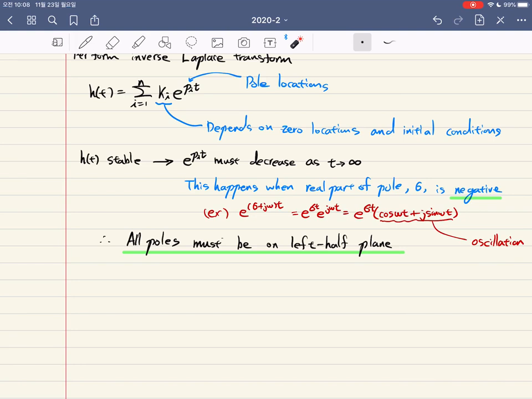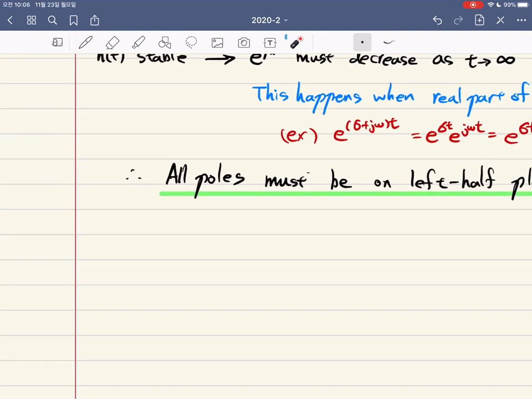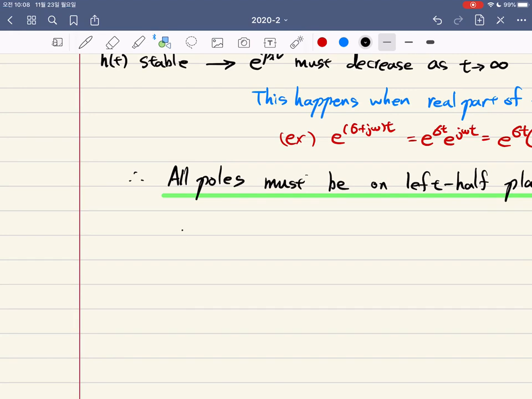And there is a system which is unstable. That means the pole is on the right half plane, and if the pole is on the right half plane like this, then the system itself is unstable, right? It's an unstable system.